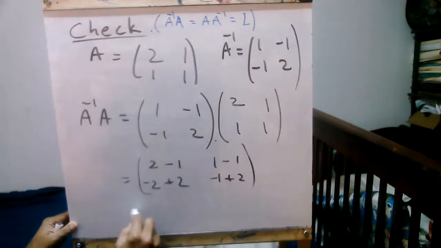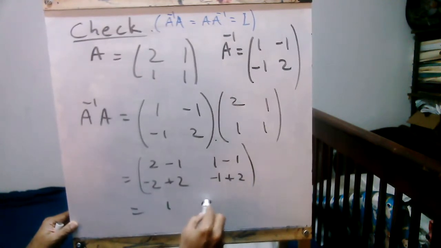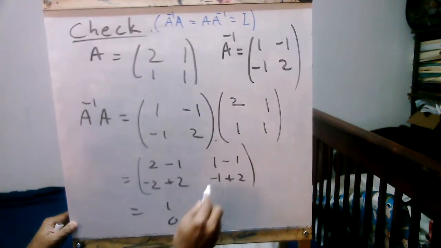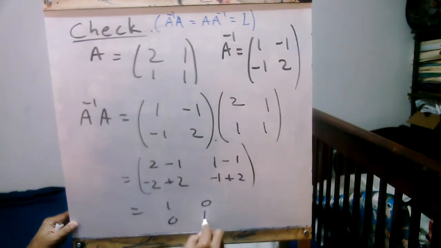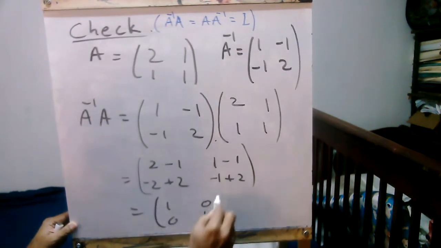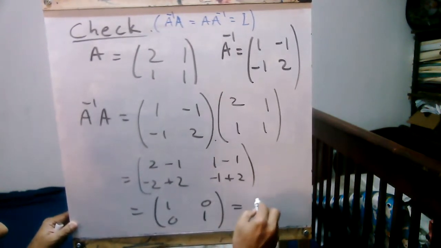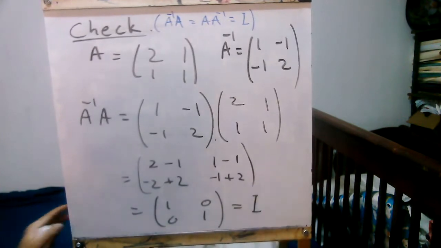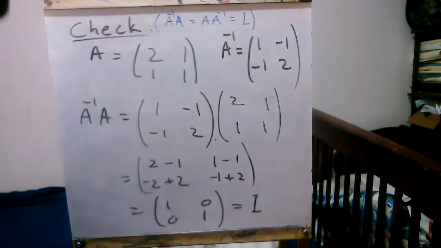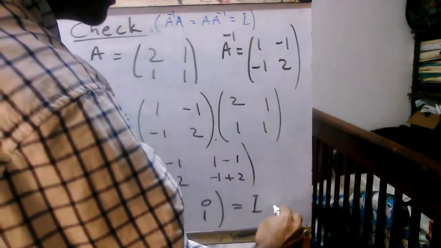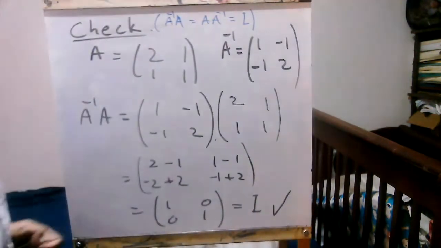Now when we do this, you see 2 minus 1 is 1, 1 minus 1 is 0. This is 0, and negative 1 plus 2 is 1. So this is the identity matrix. Therefore, our answer is good. Our answer is correct. Right?